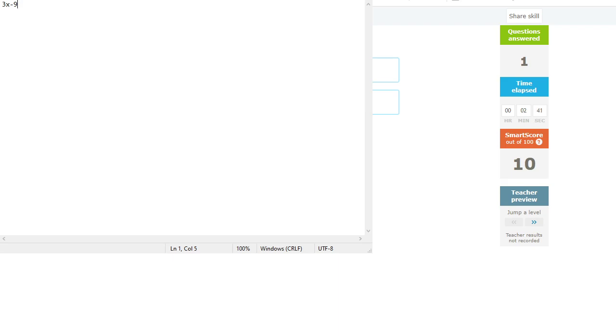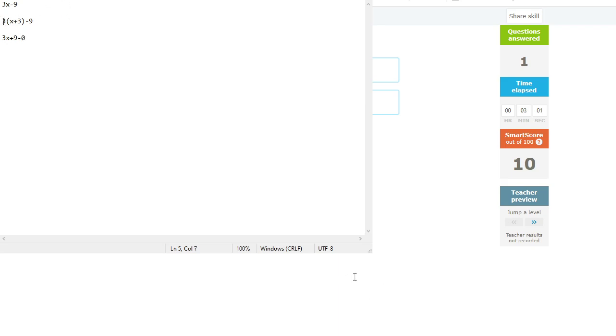If I'm going to add on the 3 units on the inside, this would be 3 times (x plus 3) minus 9. Next I distribute that 3 inside, so that'll give me 3x plus 9 minus 9.